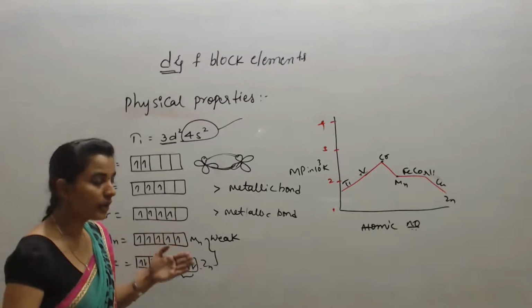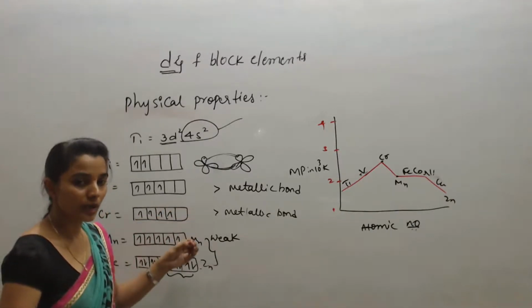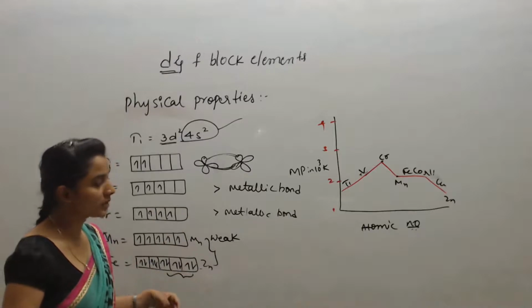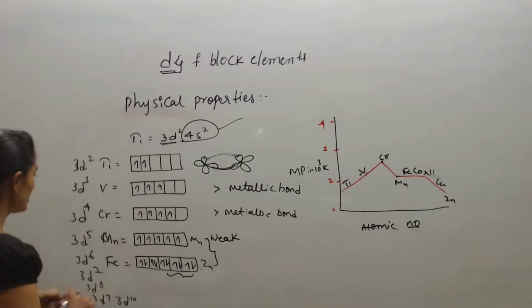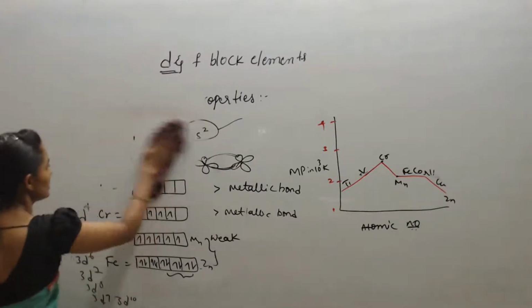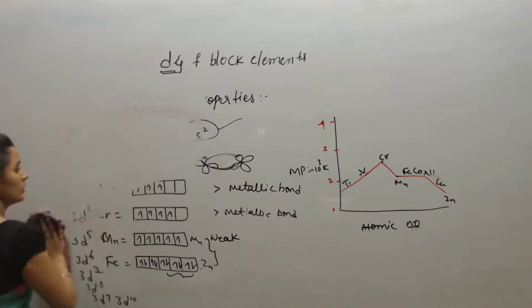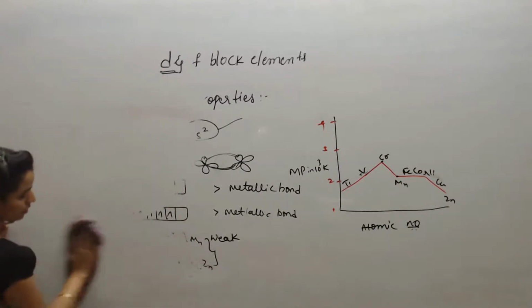We have to divide them into the respective atoms, so we require more energy. So more energy we require means what happens? It is less stable. Okay. So these are the physical properties of d block elements.